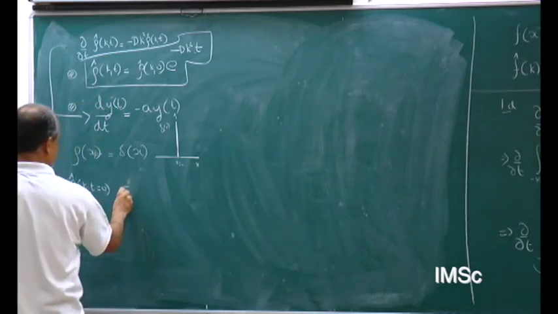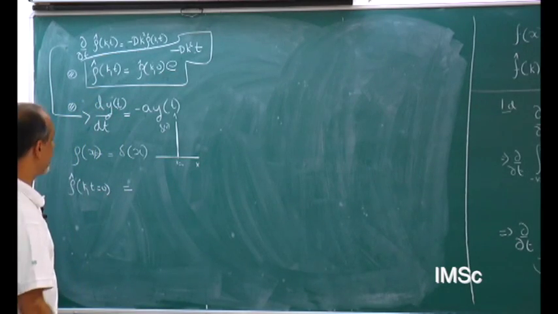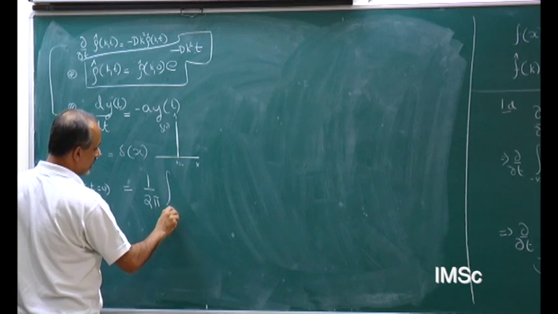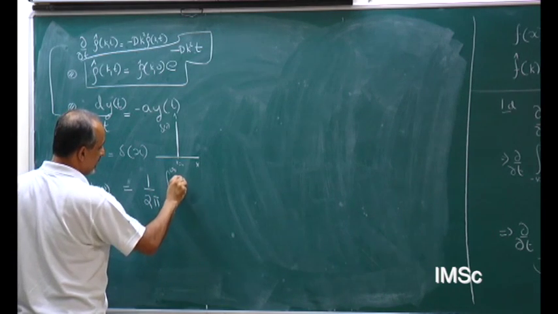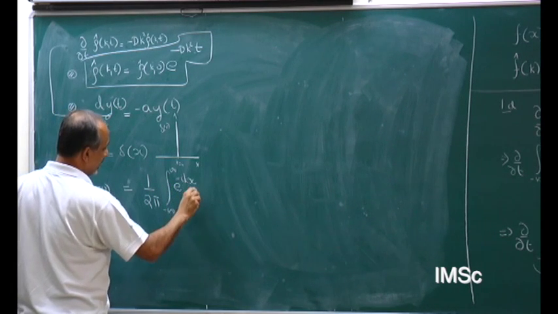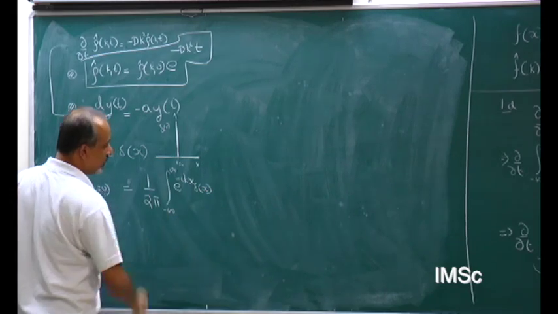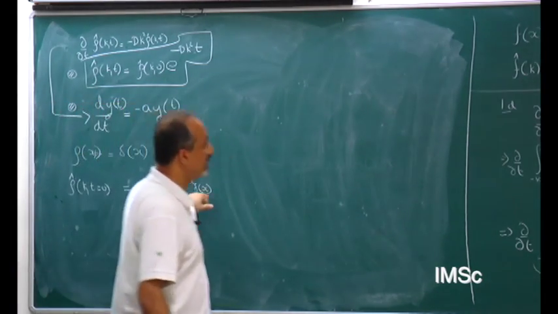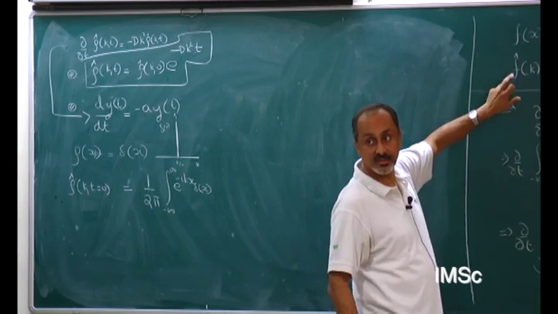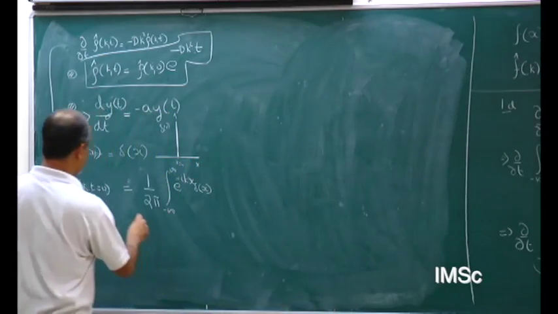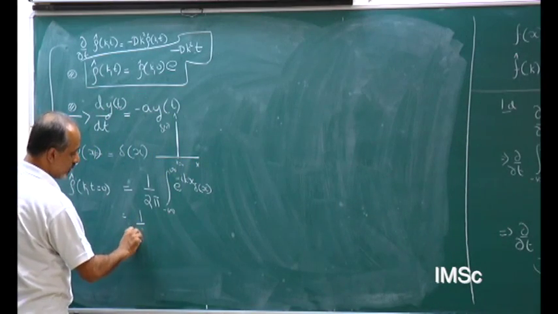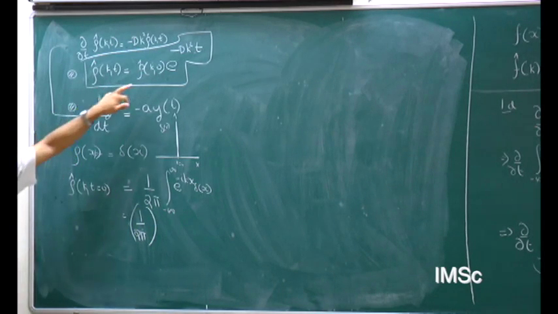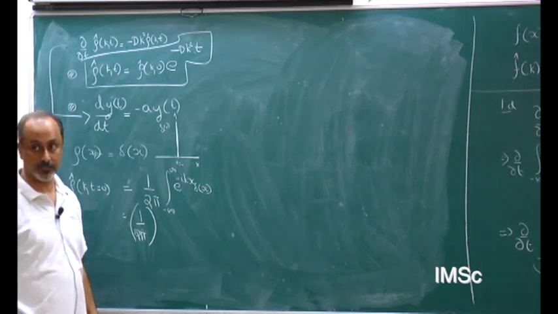So this is just the inverse Fourier transform that I had there, which is 1 over 2 pi times the integral from minus infinity to infinity of e to the power minus ikx delta of x. Okay? I've just substituted this quantity in this particular definition that sits here. So what I have here is that this quantity is 1 over 2 pi. This is what it is. So I now know this part of the equation.